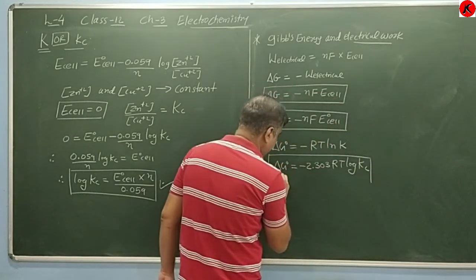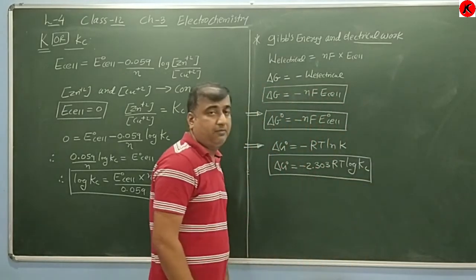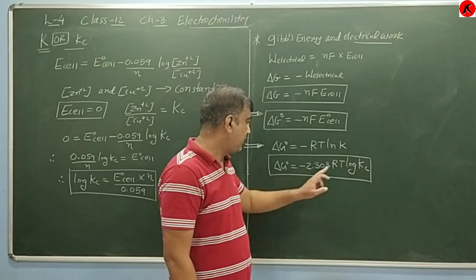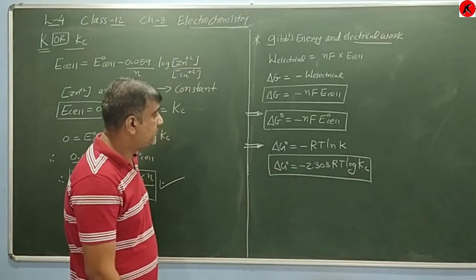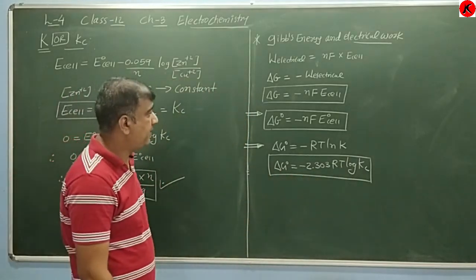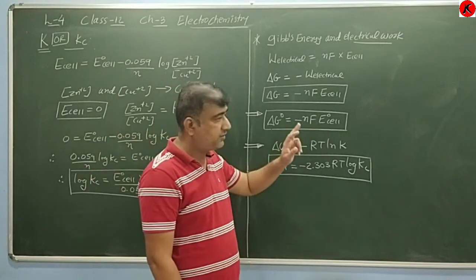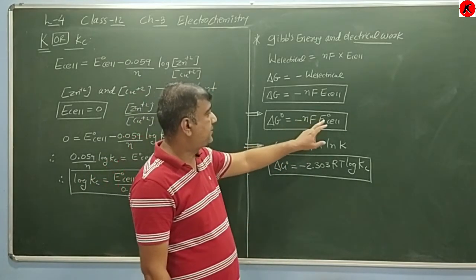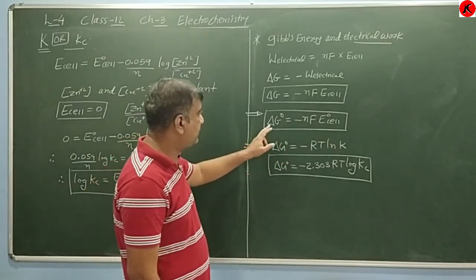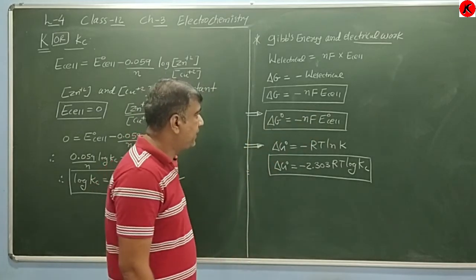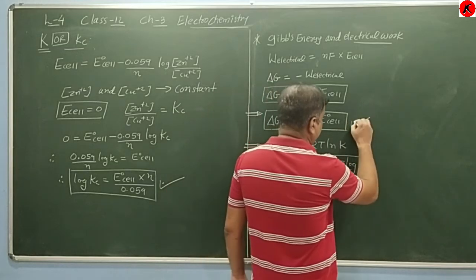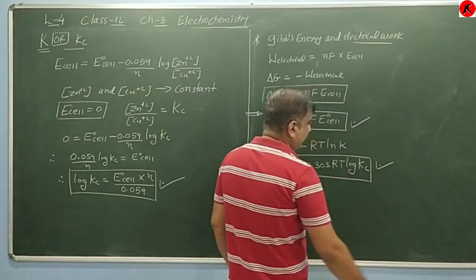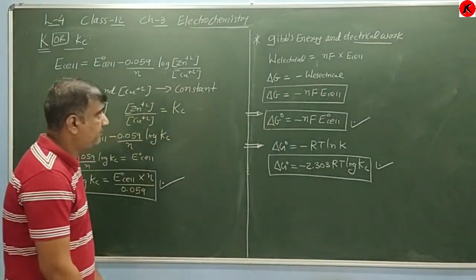That means this is the relation between the equilibrium constant and the standard change in Gibbs energy. The earlier one is the relation between the standard cell potential and the standard change in Gibbs free energy. Remember these two formulas for the calculation purpose.